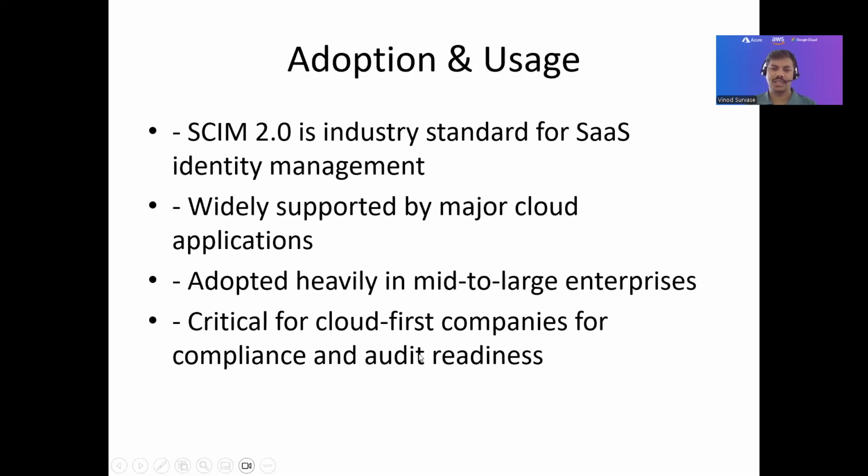Adoption and usage, you can see SCIM 2.0 is the industry standard for SaaS identity management and widely supported by major cloud applications and cloud providers. It is also heavily adopted by mid to large-scale enterprise organizations, and not only SaaS-based but also in custom-developed applications, and critical for cloud-first companies for compliance and auditing readiness, right?